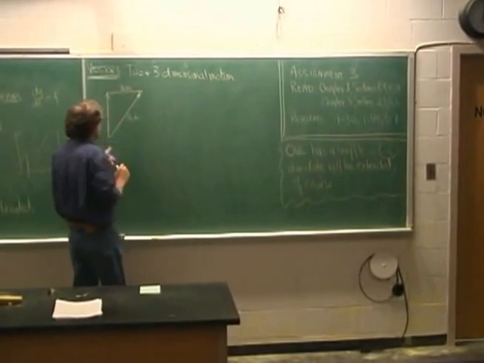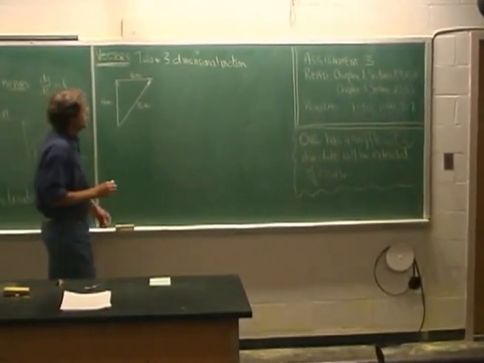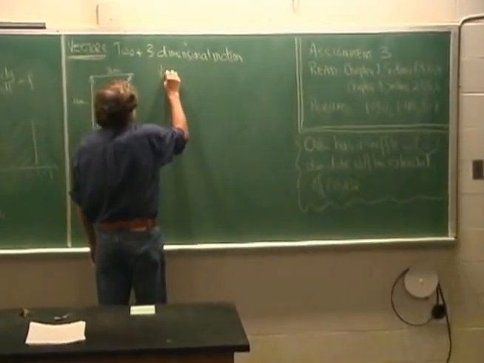An object like displacement that has both magnitude and direction is called a vector.